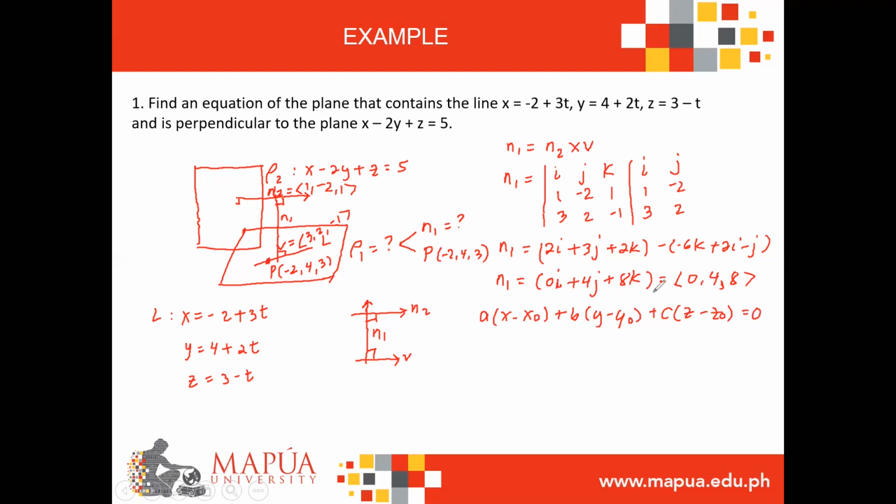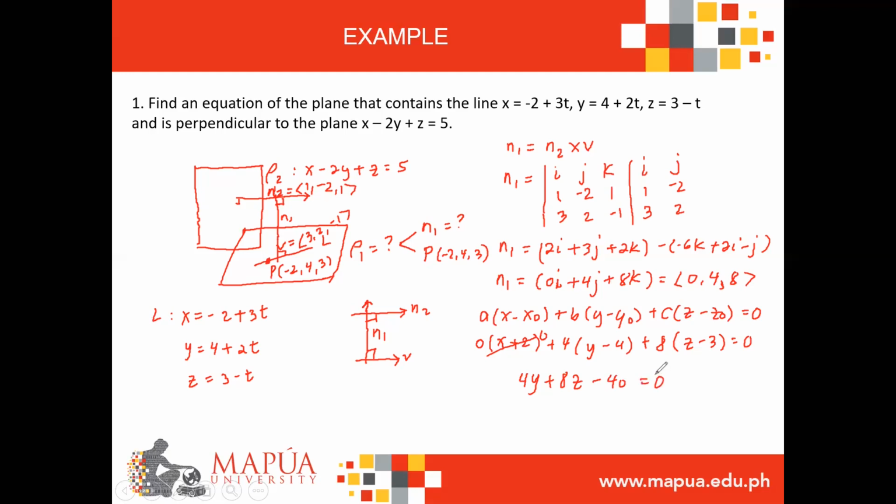So A here will be 0 times x minus x sub 0, which is negative 2, then plus 4 times y minus 4, then plus 8 times z minus 3. So simplifying it, we have now 4y because this is now 0. So we have 4y plus 8z, then you have negative 16 and negative 24. That will be negative 40.